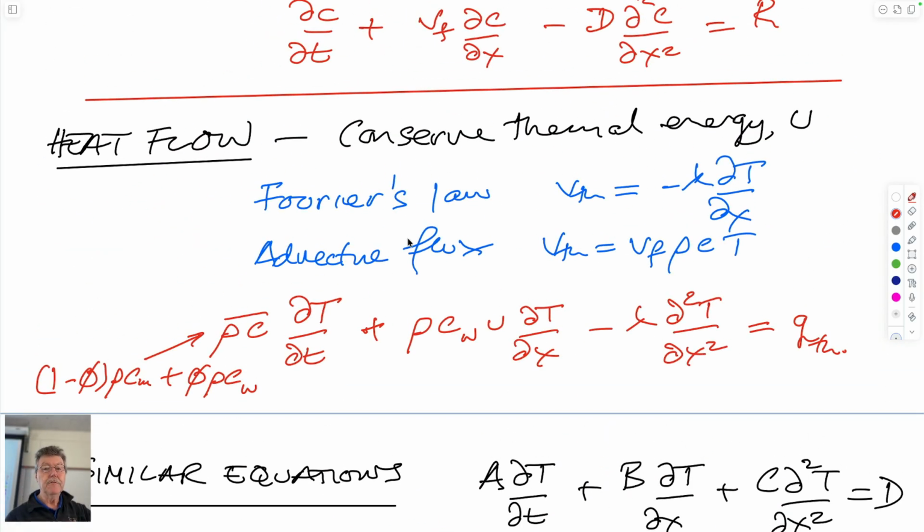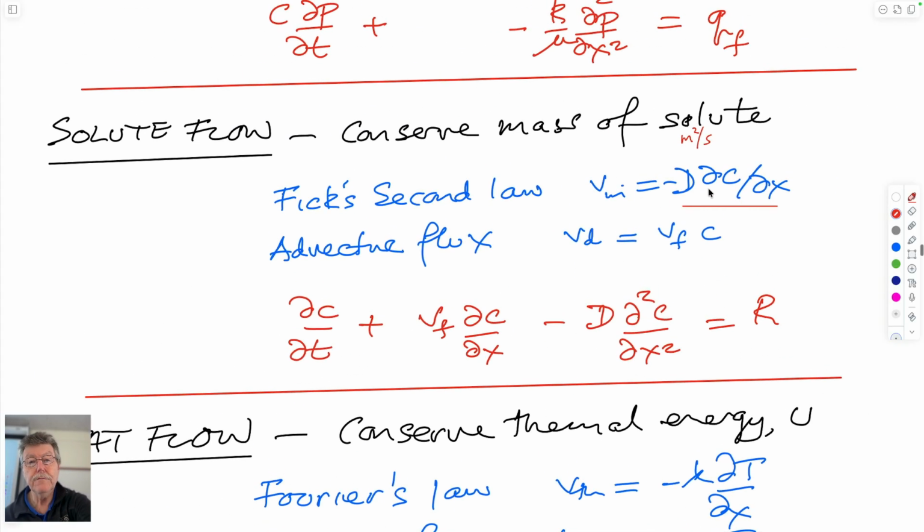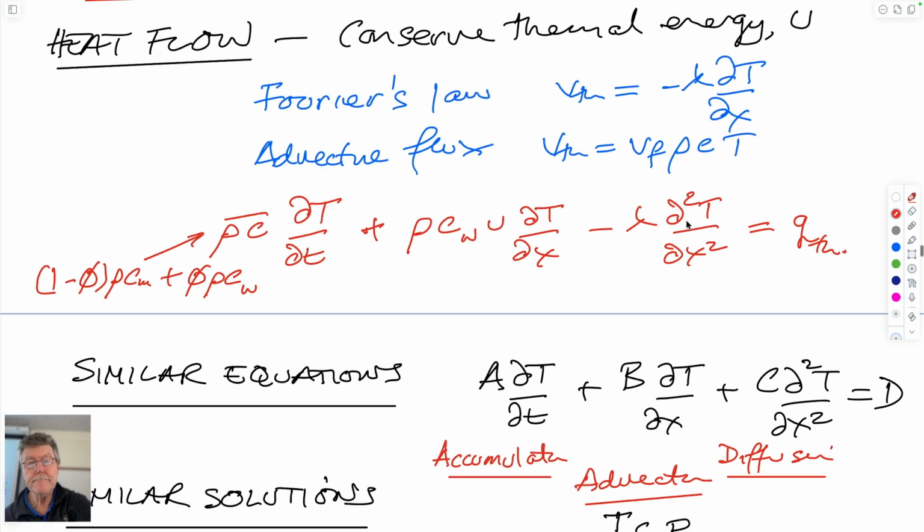Fourier's law is that the heat flow is a function of the temperature gradient in space and thermal conductivity. It flows in the opposite direction to where this gradient is positive, hence the negative in all of these components. And the advective flux is just the velocity of flow and the heat content.